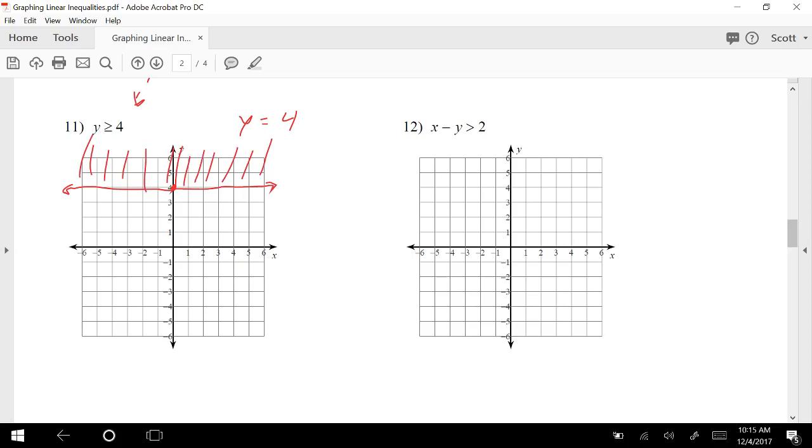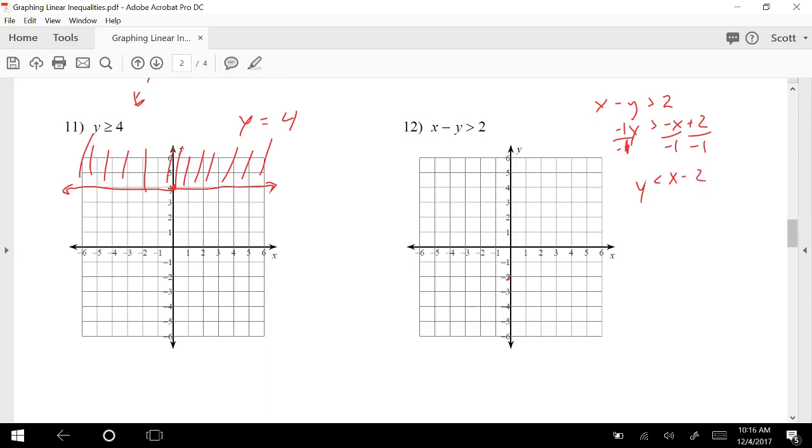Then number 12, we have to convert that to slope-intercept form. Move the x over. You still have negative y is greater than negative x plus 2. That negative y is really a negative 1y, so I have to divide by negative 1 every single time. Divide by negative 1, divide by negative 1. Y, flip that thing, is less than x. 2 divided by negative 1 is negative 2.